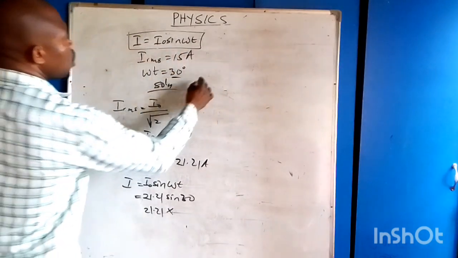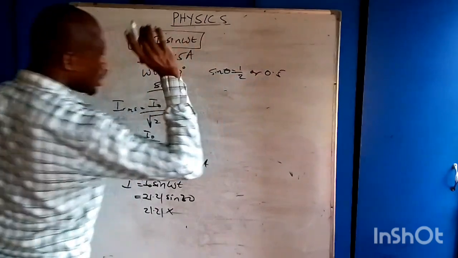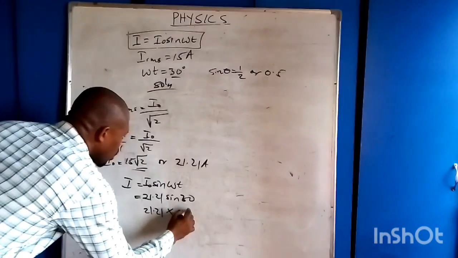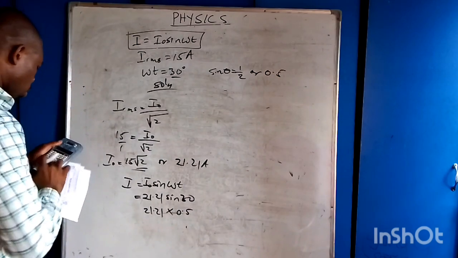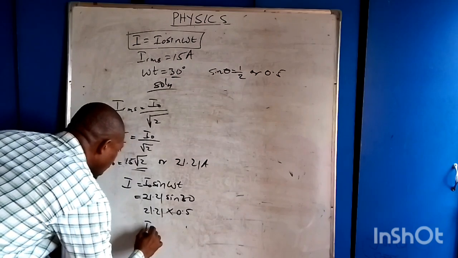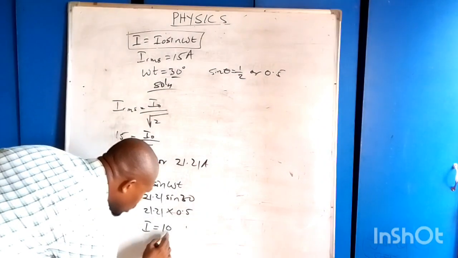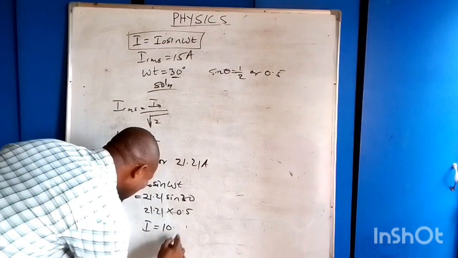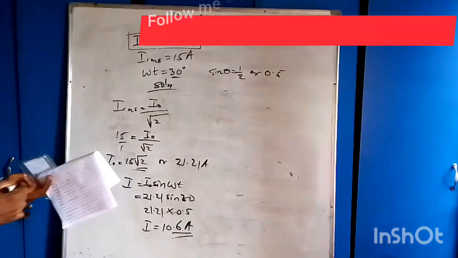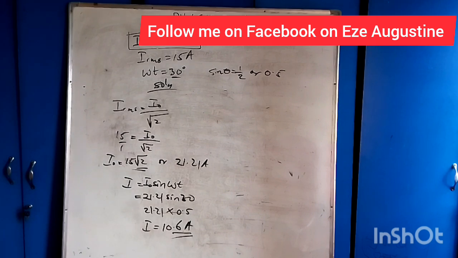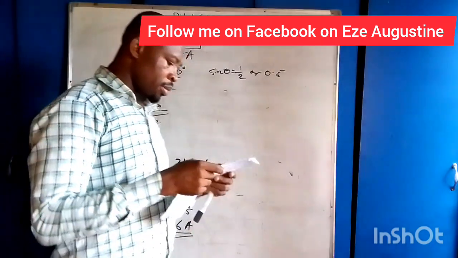From a special angle, sine 30 is either half or you write 0.5, whichever way. So times 0.5 will now give us that I, the instantaneous current, is 10.6 ampere.